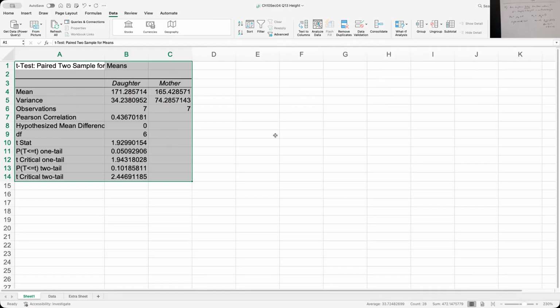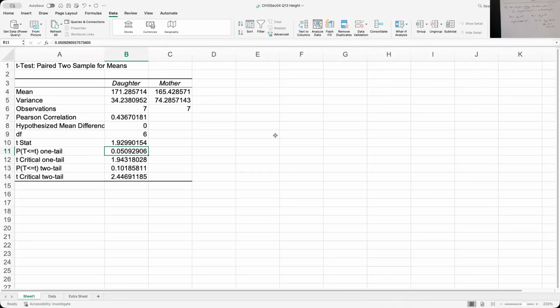What's my p-value? You can take the two-tail p-value and divide it by 2. I could, but I can also just take the one tail value right here, which is the same value I get as the two-tail value below, divided in half. But that's 0.0509. What was my threshold? What was alpha?